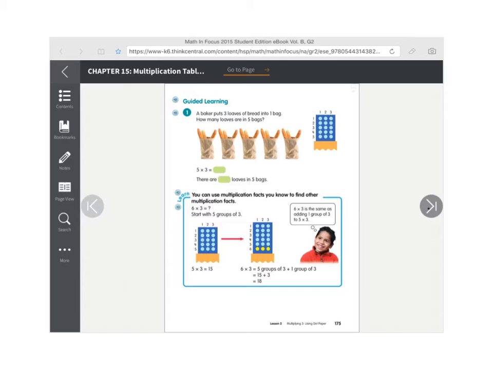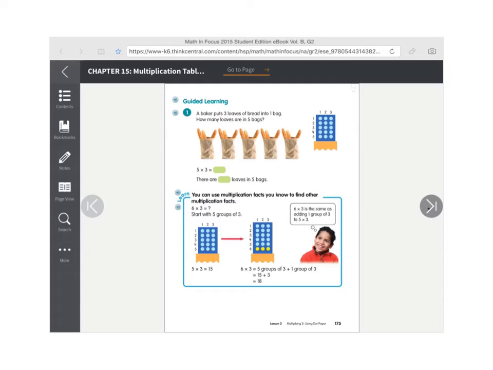All right. So now we have this problem here. A baker puts 3 loaves of bread into 1 bag. How many loaves are in 5 bags? So they give it to us in an array, an arrangement of rows and columns, or they give it to us in a picture. So however you want to use this, they give you both strategies.